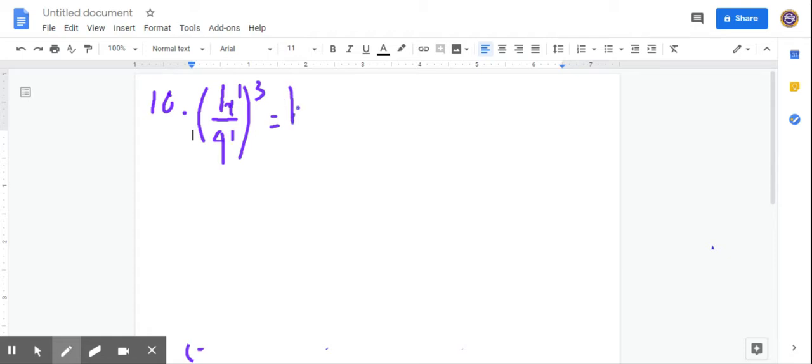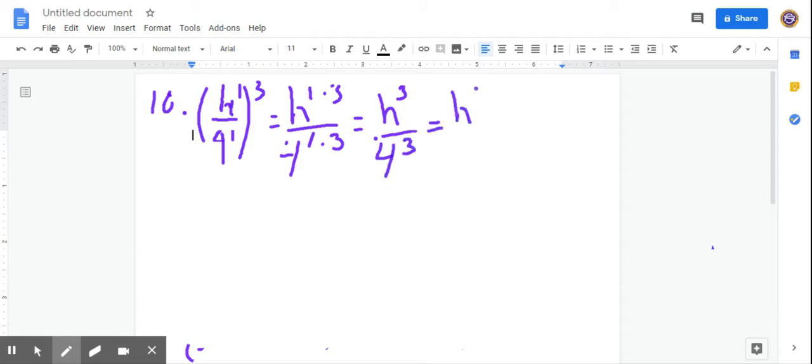So you're going to get h to the 1 times 3 over 4 to the 1 times 3. So that's h cubed over 4 cubed. You are supposed to simplify any exponent 5 and under. So 4 cubed had to be simplified to 64.